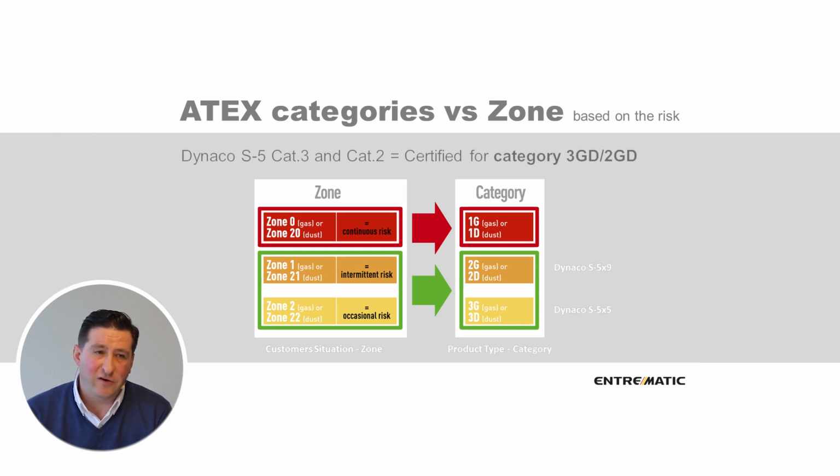So there already the first mistakes happen, at the first steps in the first discussions with the customer. But this table gives you a good overview of the comparison of zone versus category.